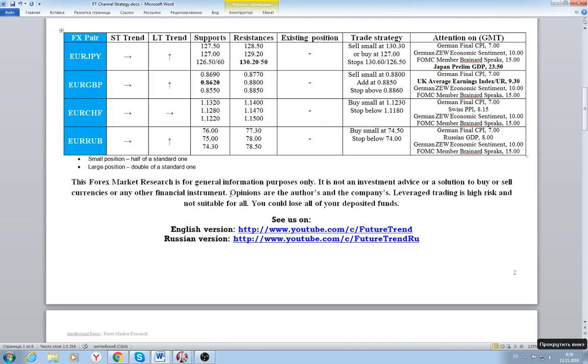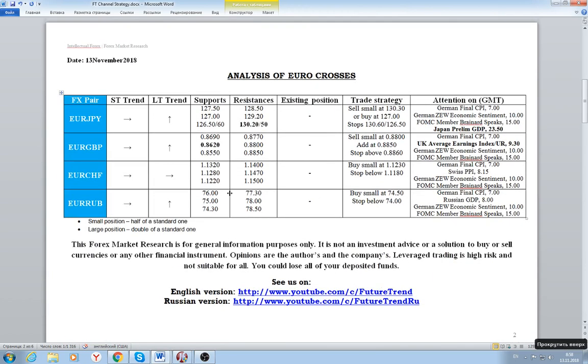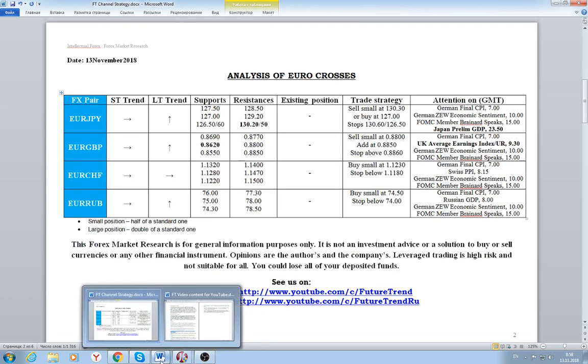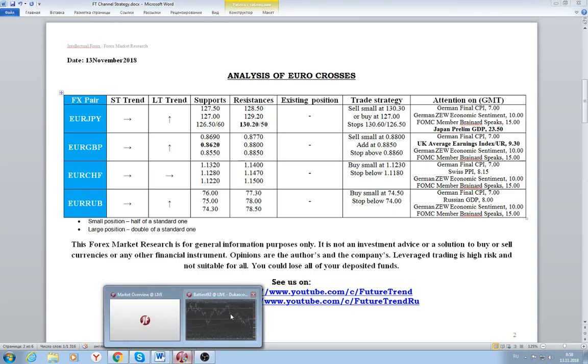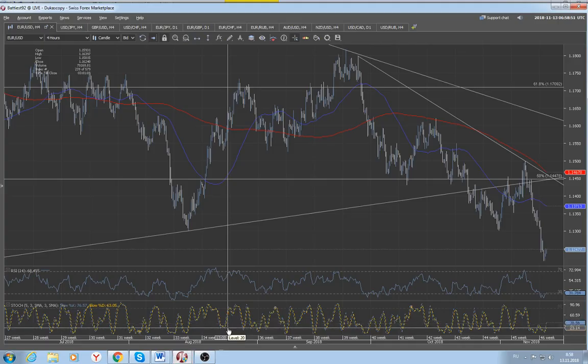As regarding the euro crosses, today is the date of discussing the euro pairs. The euro yen should remain quite well supported because of the resilience of the Japanese yen to any kind of risk aversion sentiment.